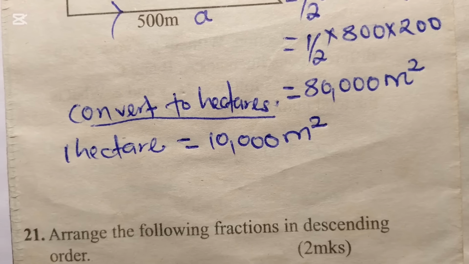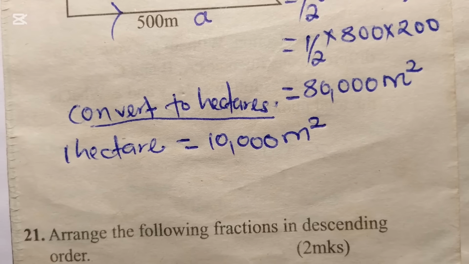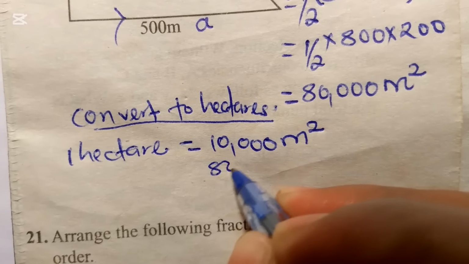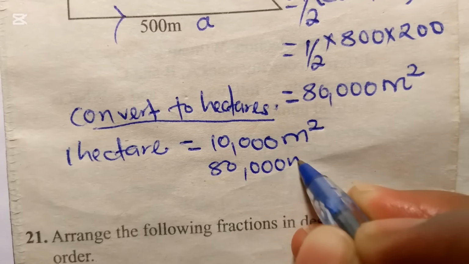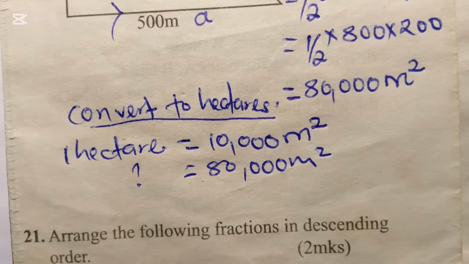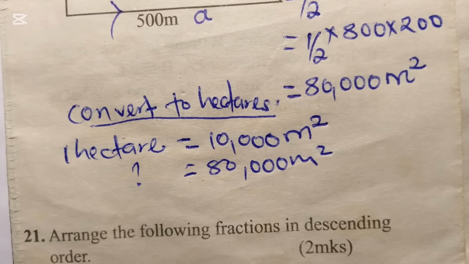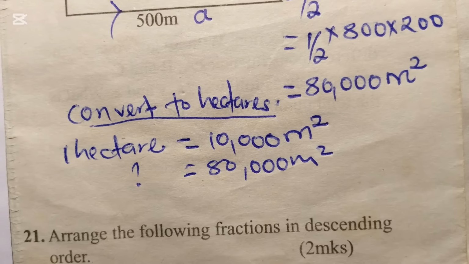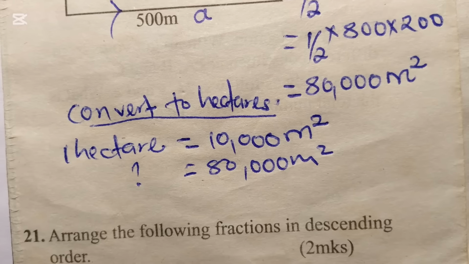And because we have 80,000 square meters, we can write 80,000 square meters will be equal to how many hectares? Another issue is here. Can you cross multiply this correctly? Some learners make a mistake here.